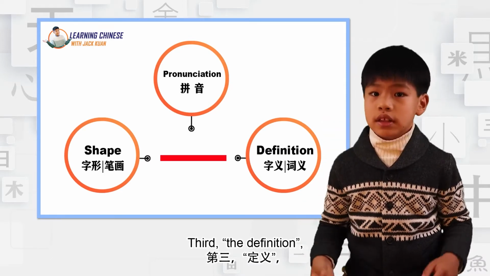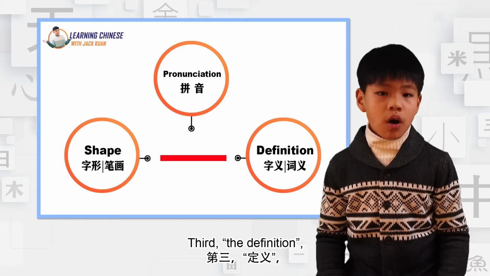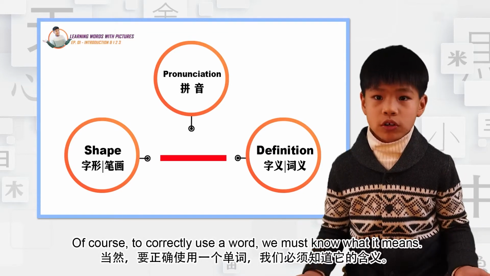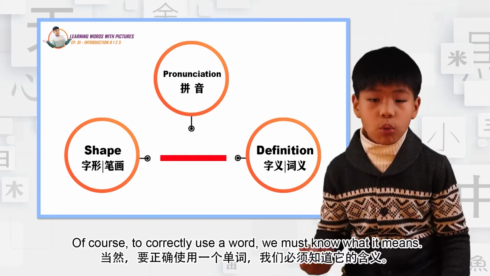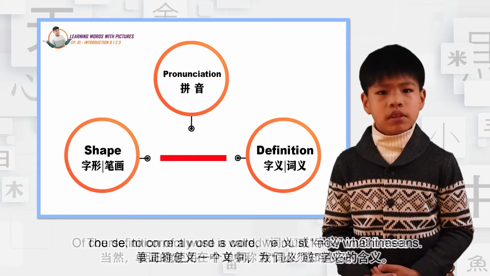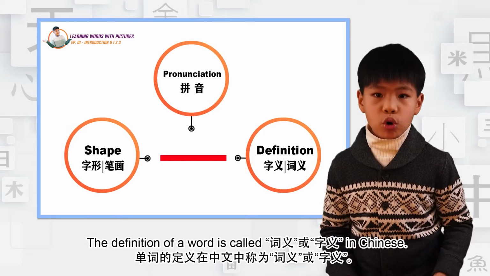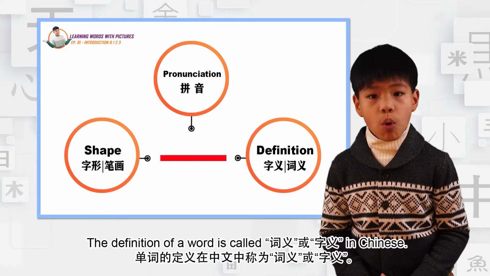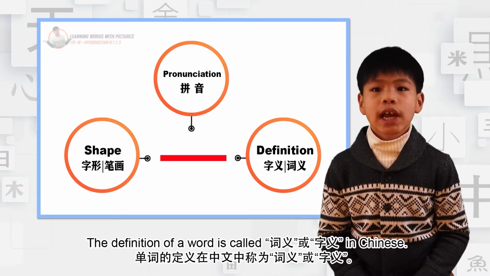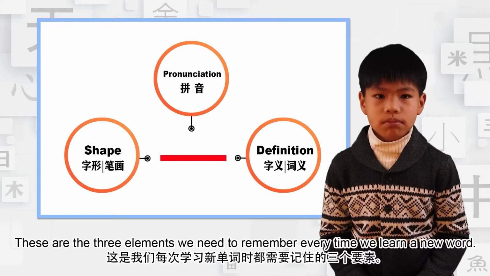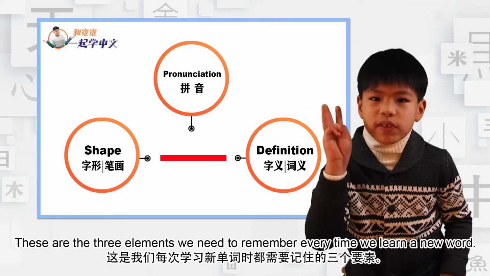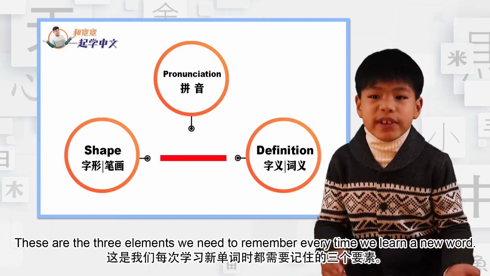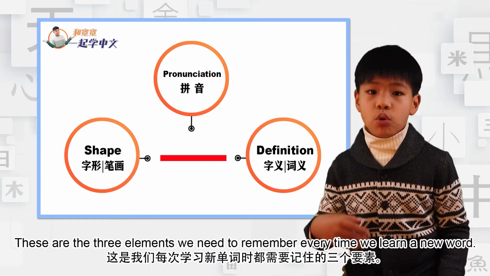Third, the definition. Of course, to correctly use a word, we must know what it means. The definition of a word is called 词义或字义 in Chinese. These are the 3 elements we need to remember every time we learn a new word.